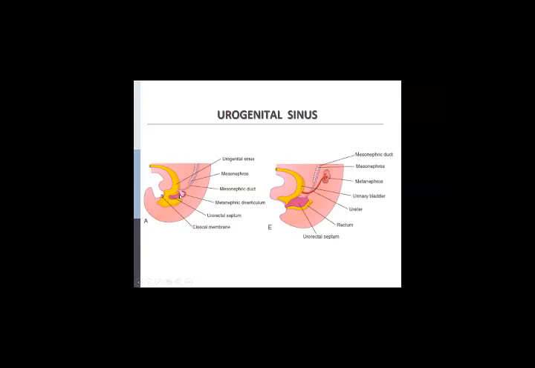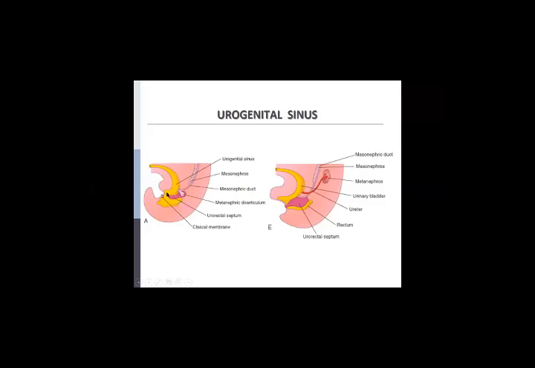This urorectal septum, which is simply mesenchyme, is dividing this dilated part of the hindgut, namely the cloaca, into two. A ventral part is called the urogenital sinus, and the dorsal part is called the anorectal canal. Just say anal canal or rectal canal.